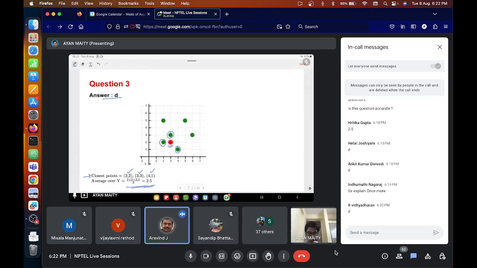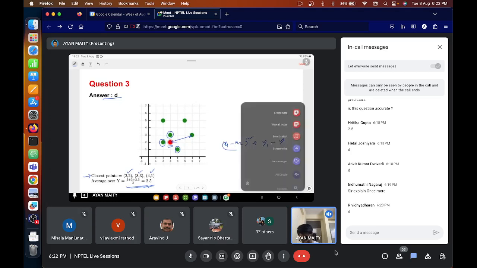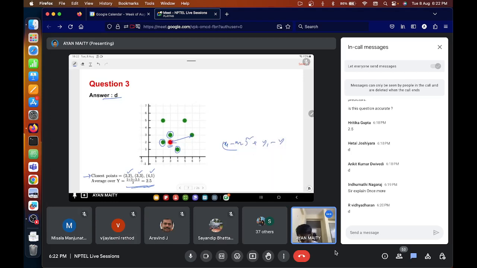Sir, but in the question it says use the Euclidean distance, right? So if you try to go by that route, how do you do it? Euclidean distance is just the distance between this and this point that you have to find out. Euclidean distance is simply x1 minus x2 whole square plus y1 minus y2 whole square, with x1 and x2 as the two dimensions.